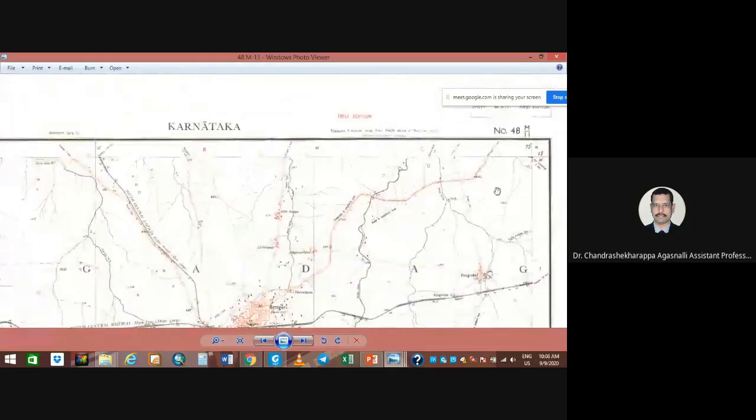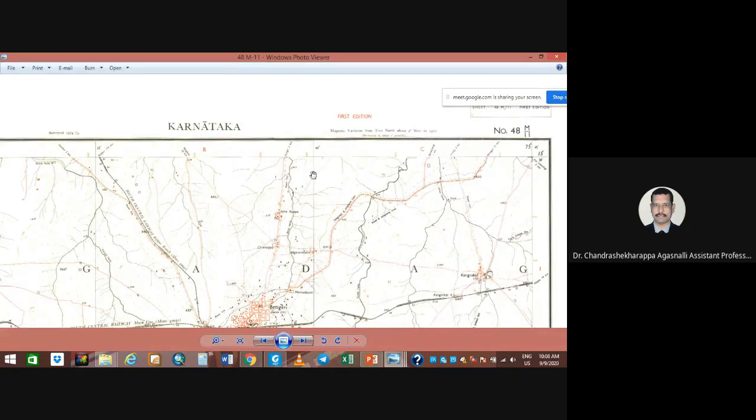So generally, this is the north position here. This is the north position always. East, west, north, south. If you take any map, north is always on the upper side. It's showing the north direction. Okay. This is north, east, west, and south.